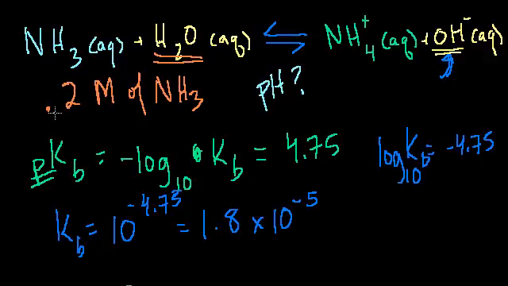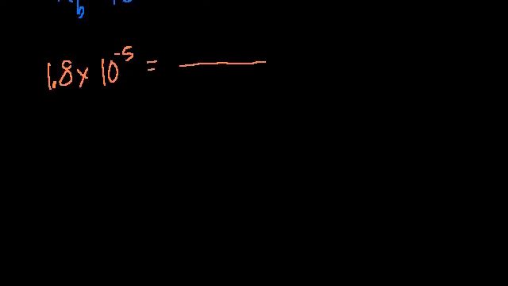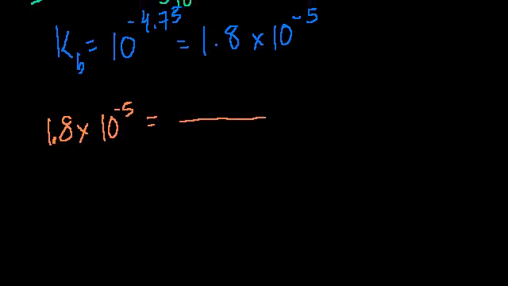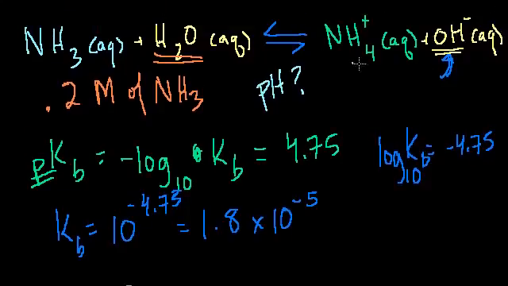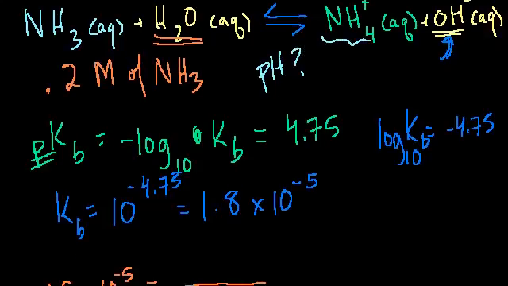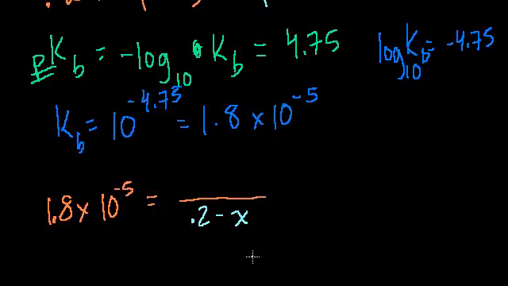We have 0.2 molar is what we put in, but some of it, let's say X of it, is going to be converted into this stuff on the right-hand side. So in the denominator, we're going to have 0.2 minus whatever gets converted into the right-hand side. And in the numerator, we're going to have X of NH4 and X of OH. So this is the concentration of ammonia, and then we have x times x.